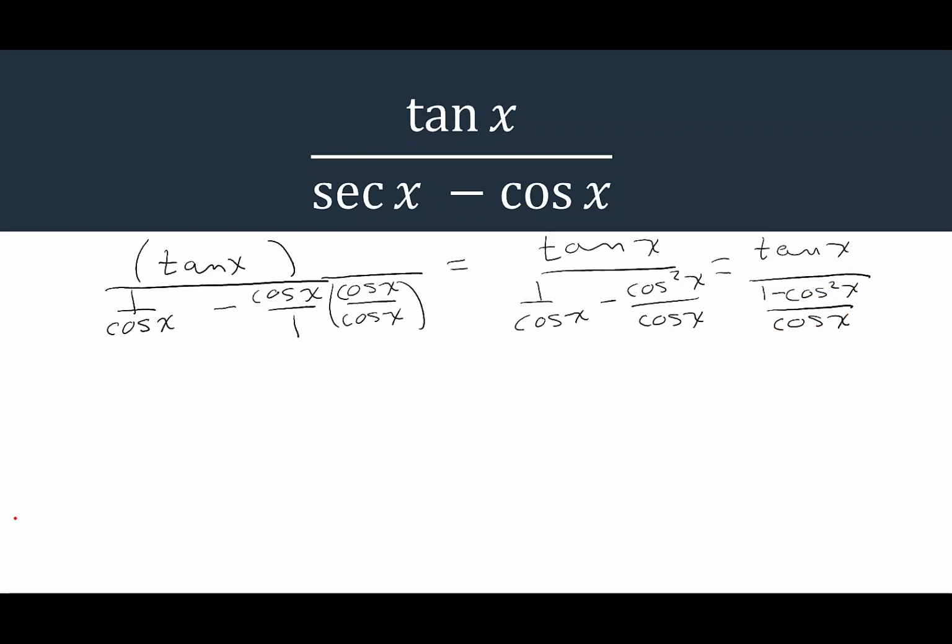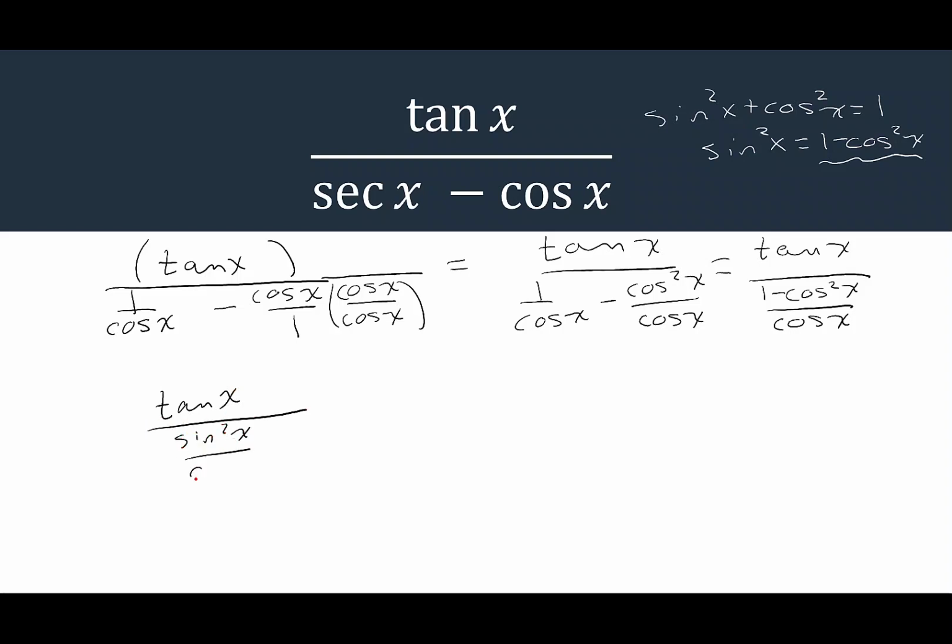If we think back to our Pythagorean identities, we know sine squared x plus cosine squared x is equal to 1. That means sine squared x is equal to 1 minus cosine squared x. We'll make this substitution in the problem. Now I have tangent of x divided by sine squared x over cosine x.